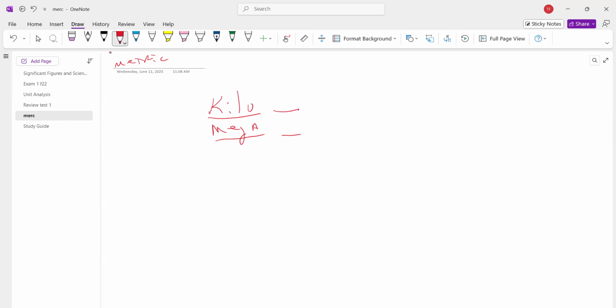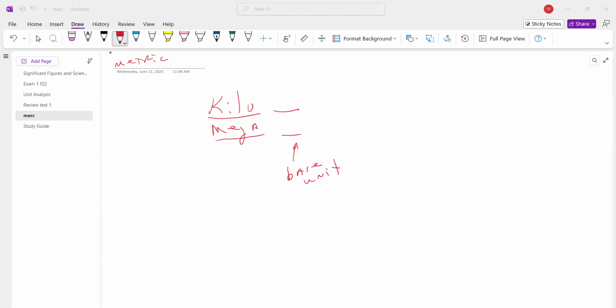There's a base unit here, and that's like meters, pounds, liters, base unit. And then you've got a multiplier in front of it. Kilo is a multiplier of 1,000. Mega is a multiplier of what? Like a megabyte is how much? Million.